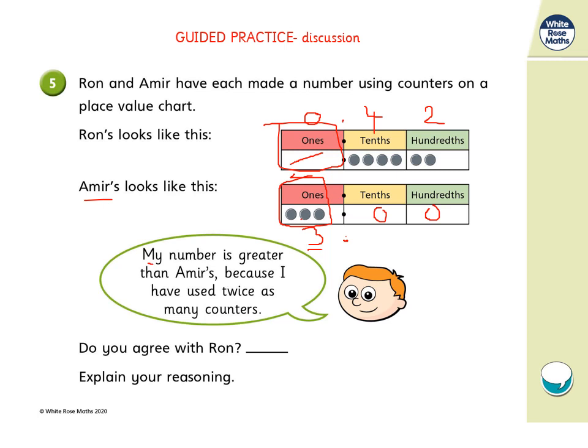So we do not agree with Ron because he is wrong. Do you get that? So he is wrong because there are 3 counters in our highest value place value column, and I know that I prefer £3 over 42 pence, wouldn't you?